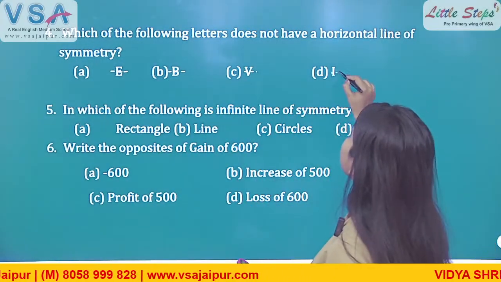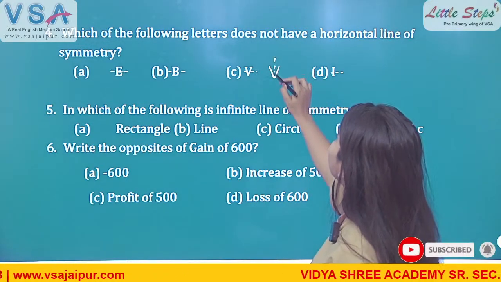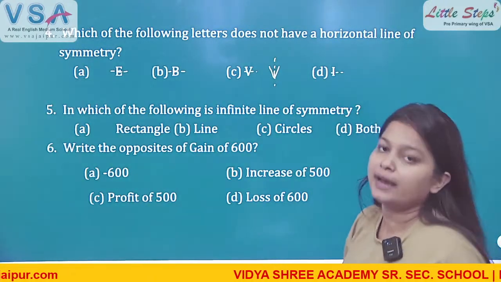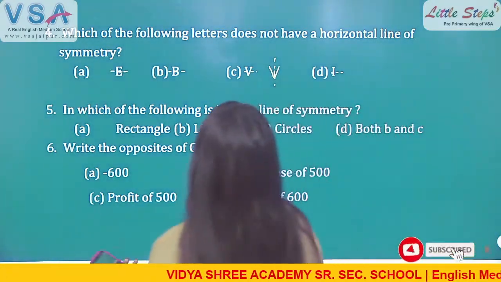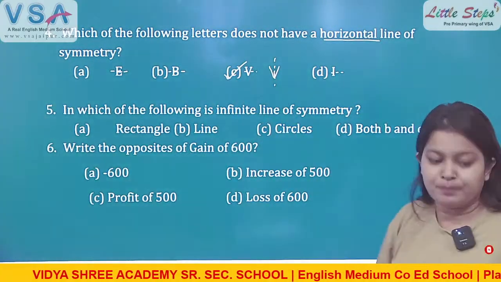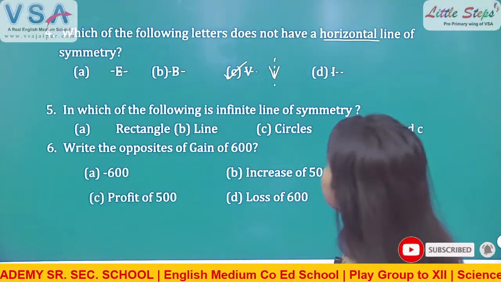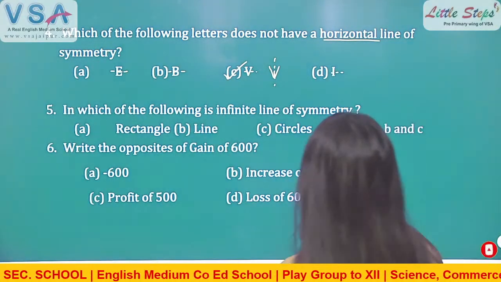In I we can also make a horizontal line, but in option C we only have to draw a vertical line. The question is asking which letter does not have a horizontal line, so the answer is option number C, V. Clear?